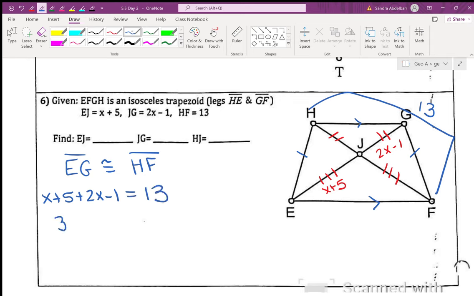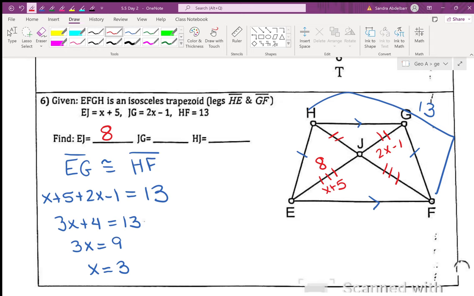So we're going to have 3x plus 4 equals 13. 3x is equal to 9, so x will equal 3. Now that I know that x is equal to 3, we know EJ is x plus 5, 3 plus 5, which is 8.